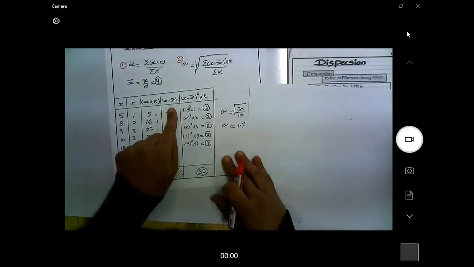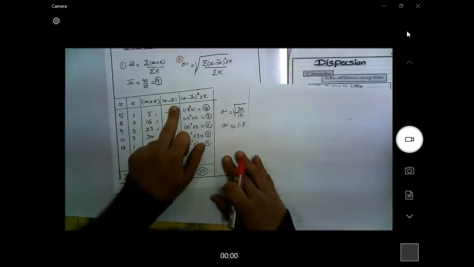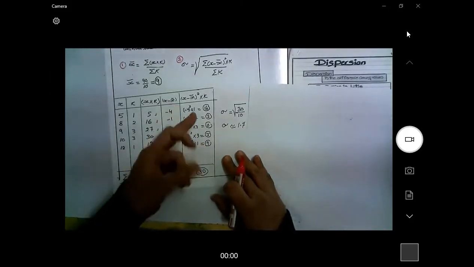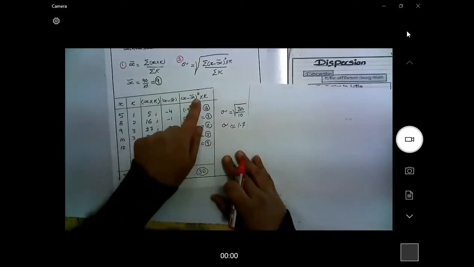The rest of the table: x minus x dash, then x minus x dash all to the power 2 times k.